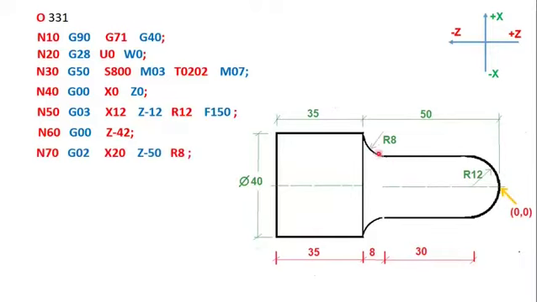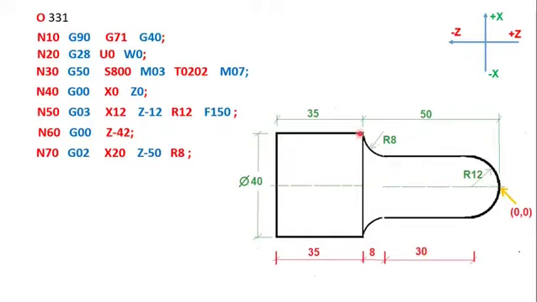Then from here I have to move to this position along this curve. It is in the clockwise direction, so that's why G02. What is the X value change? 12 plus 8, that is X20. And what is the change in the Z value? 30 plus 12, 42 plus 8, 50.